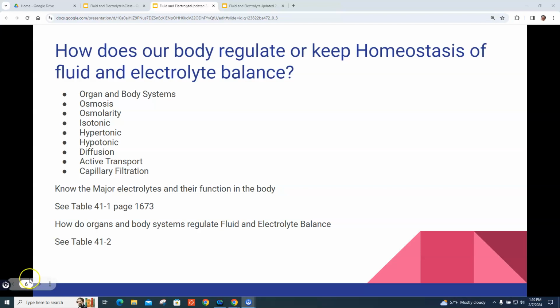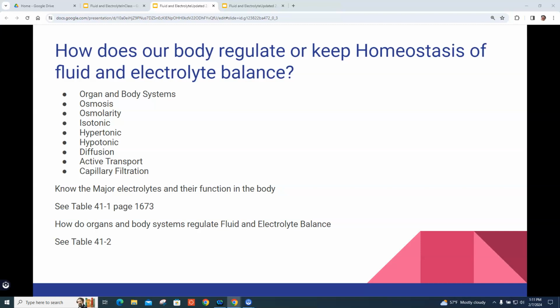So, as you can see here, I want you to take a look at the tables listed. The first table I want you to see is 41-1. That is your major electrolytes in the body, what they are, and what their serum levels are. And serum levels means what they are in the blood.